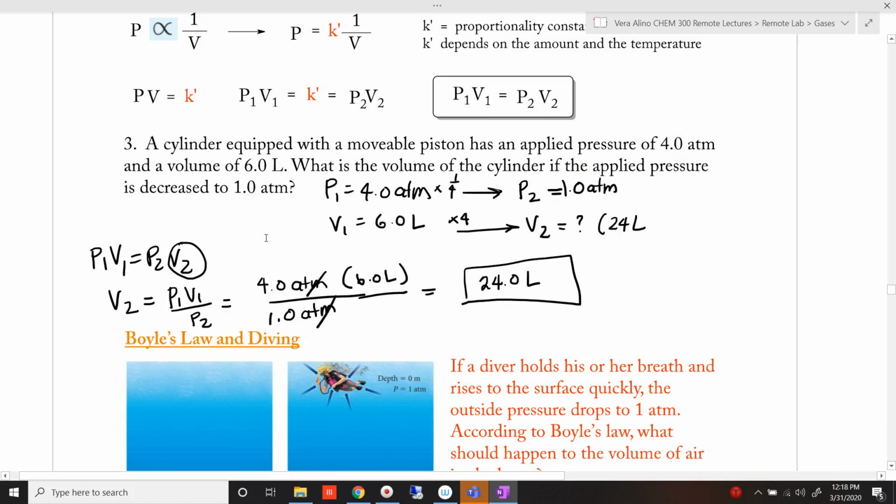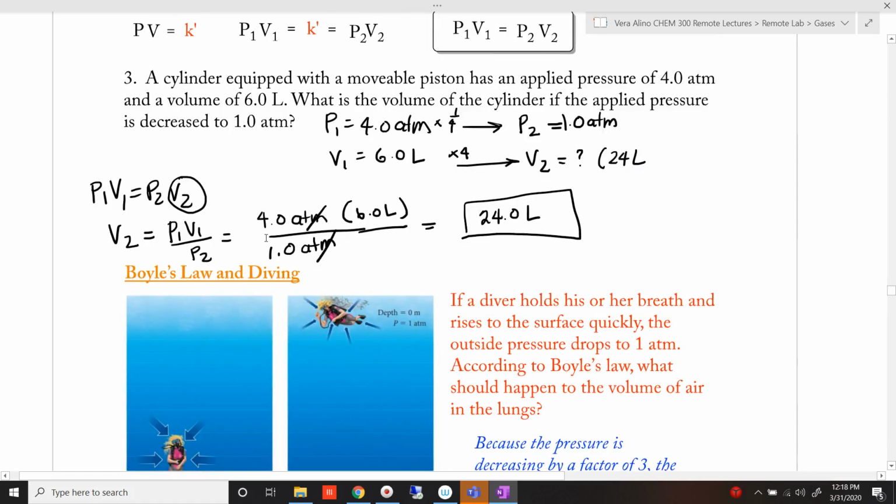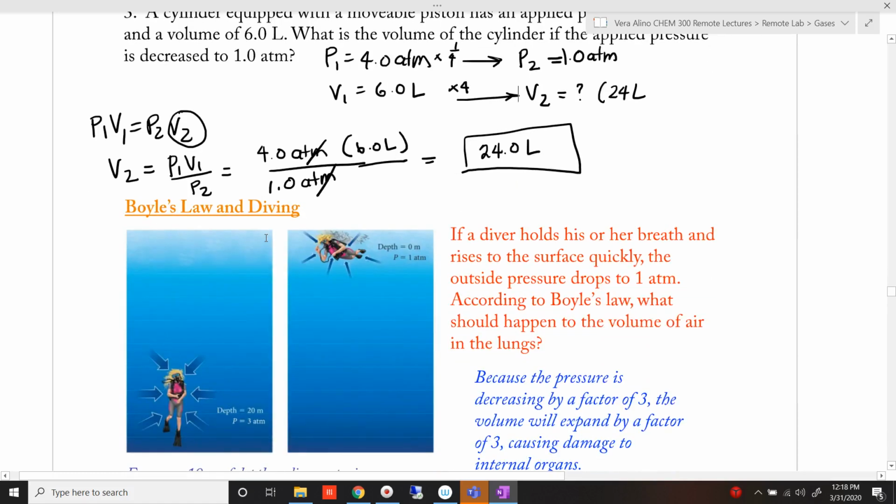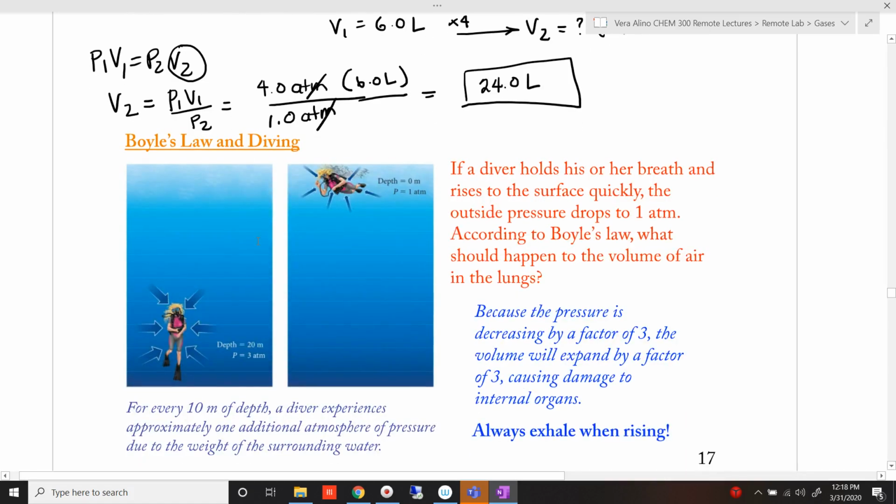Now, Boyle's law also explains why some techniques in diving are really counterintuitive. I don't know if you guys have gone through this, but if you're going to take a diving certificate, you have to undergo several classes. And those classes are somewhat physics heavy. They will ask you to study buoyancy, and sometimes Boyle's law.